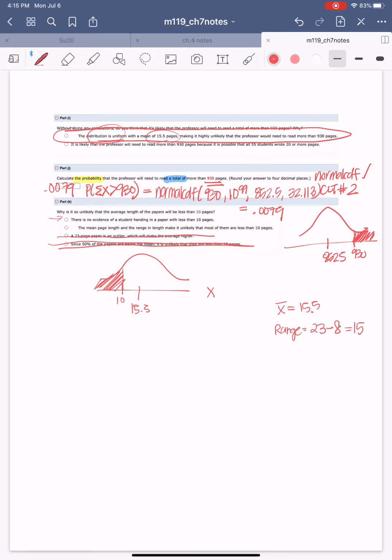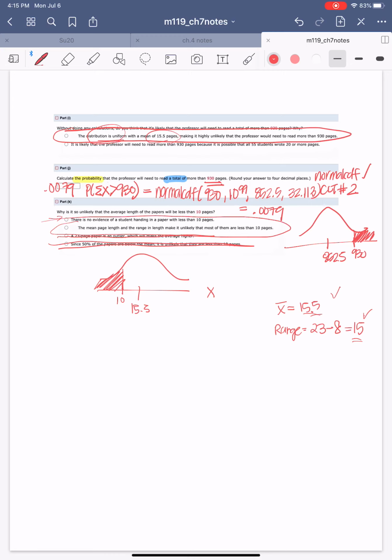Okay. So the second one is the best one. The mean page length is 15.5 and the range is 15. So the difference, right, makes it unlikely that most of them are less than 10 pages. We got both around 15. So the second one will be the best option.